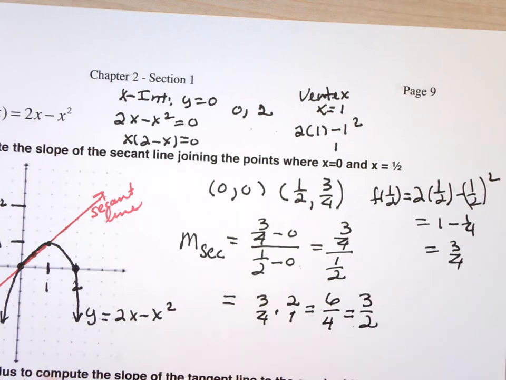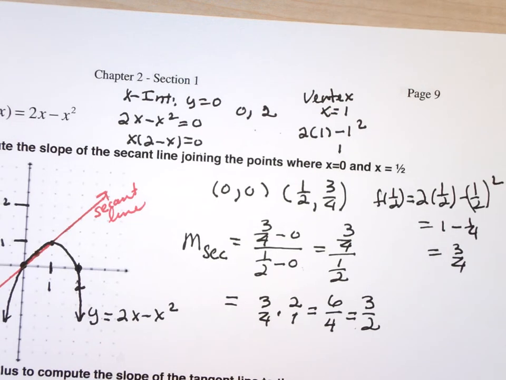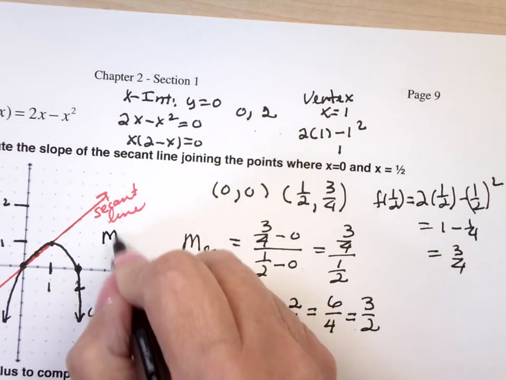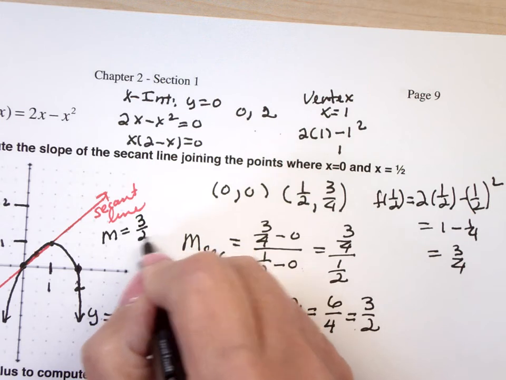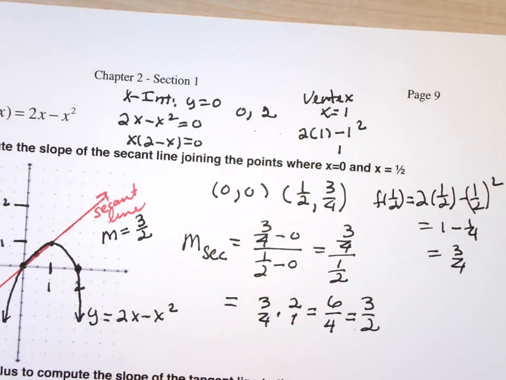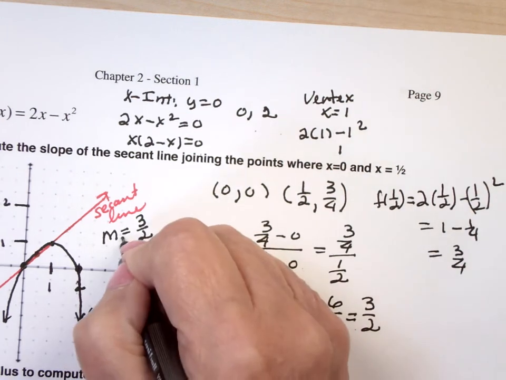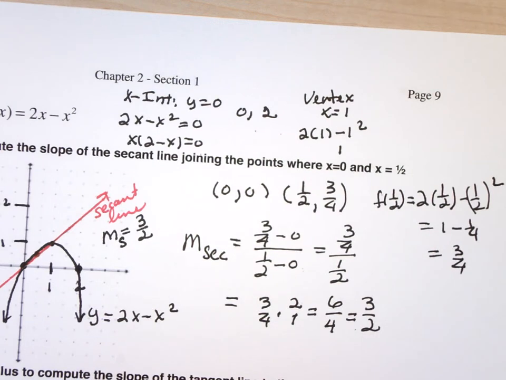So the slope is 3 over 2, and I'll put an S there for secant. That's just standard: get 2 points, find the slope of the line.